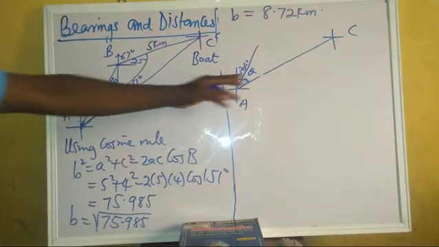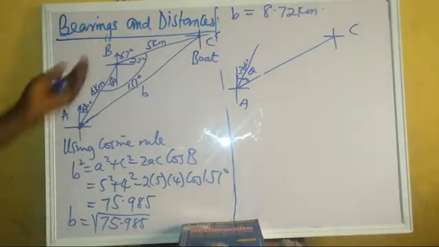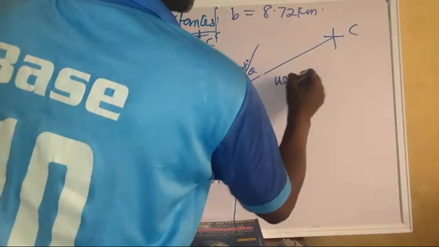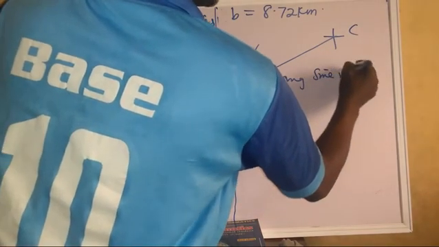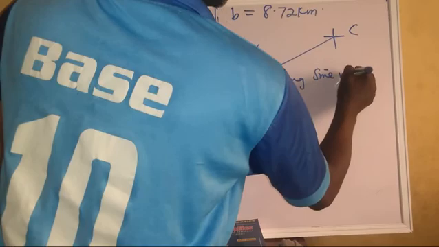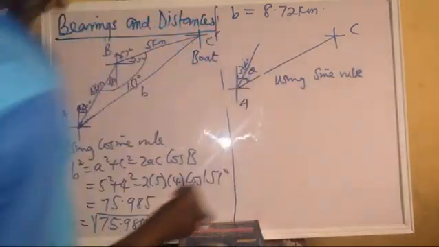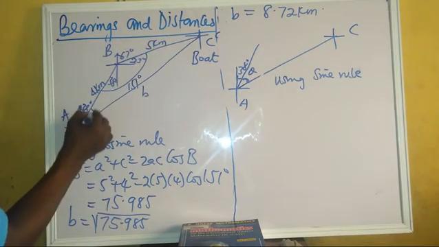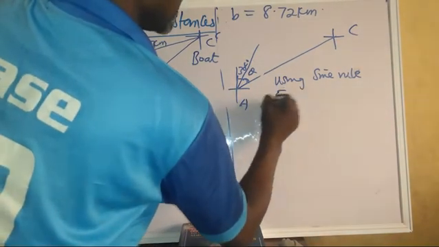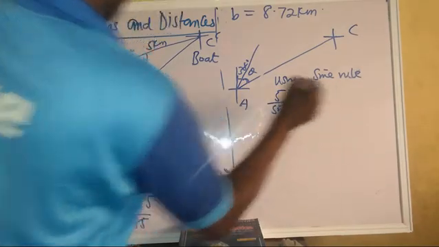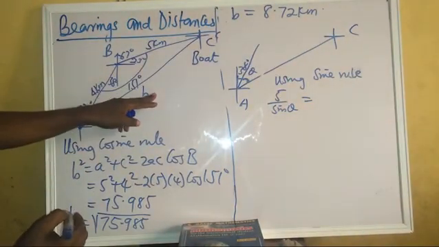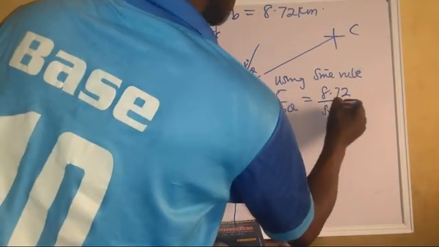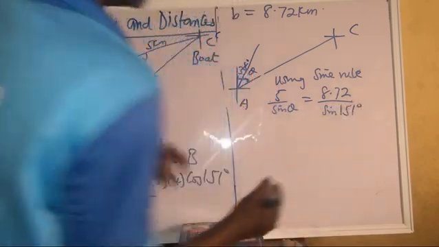And to calculate angle theta, the easier method that we can apply is the sine rule. So using the sine rule, it means 5 over sine theta, this is the angle theta that we are looking for, is equal to this b that we got here, 8.72 over sine 151 degrees. Then we can cross multiply.